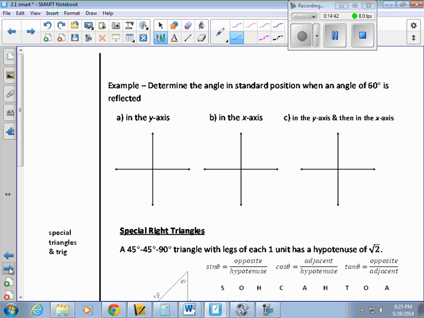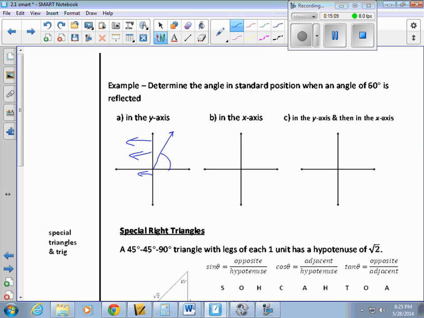So it says determine the angle in standard position when an angle of 60 degrees is reflected. So if I'm starting with an angle at 60 degrees, so 60 degrees is approximately right there. So that's my angle. If I'm reflecting it in the y-axis, then it's going to be reflected on this side.